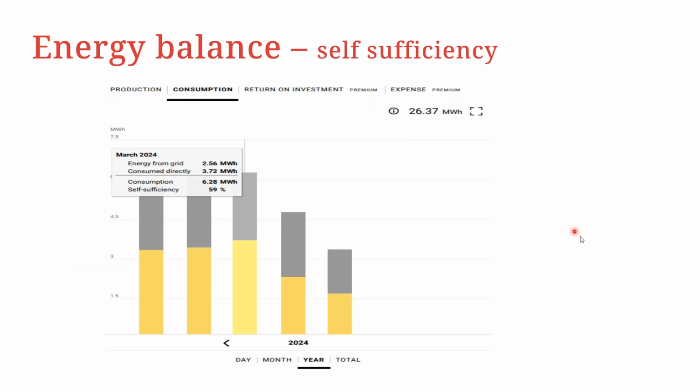And this looks at how much you're taking from the grid, how much you have consumed directly, and therefore it gives you a total of your consumption for that particular month. For example, for this year 2024, this customer in March 2024 was able to have a self-sufficiency of about 59%.